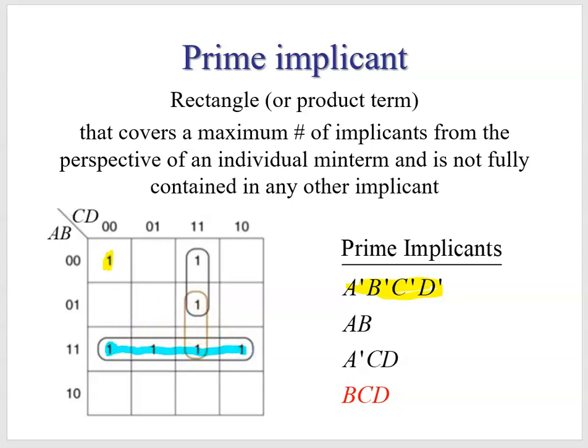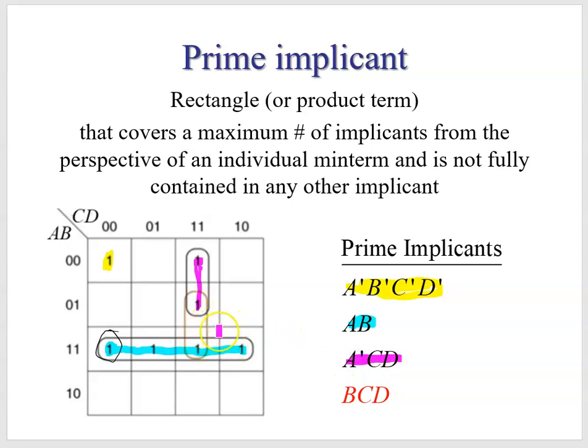So for this one here, that gives us the AB. Our A prime CD, let's do this in red, if we pick this implicant here, the maximum number of cells it can be covered with is just these 2, right? So that's our A prime CD.